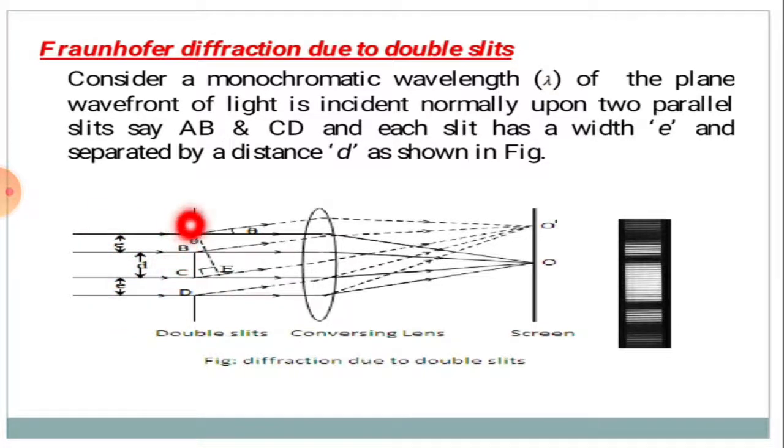That is, the width of the slit AB is the same as the width of the slit CD, which are separated by a distance d, and this distance d is called the width of the obstacle. Now here, the combined width of the slit and obstacle is e plus d.